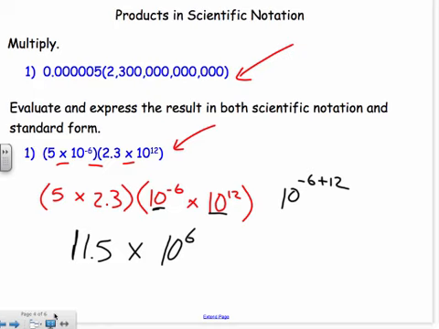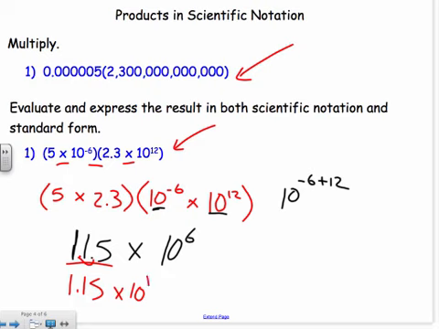Here's our one issue, though. Remember, I can only have 1 digit left of the decimal. So let's rewrite this 11.5 in scientific notation. Well, I want my decimal to move here. So I needed to move 1 over there, right? So 1.15 times 10 to the, well, first power, I believe, right?